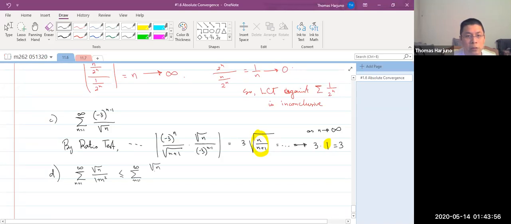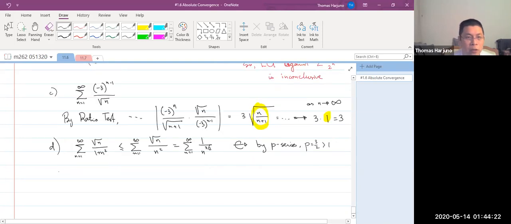Because this is less than or equal to this series, which is convergent by p-series, where p is 3/2, which is greater than 1.